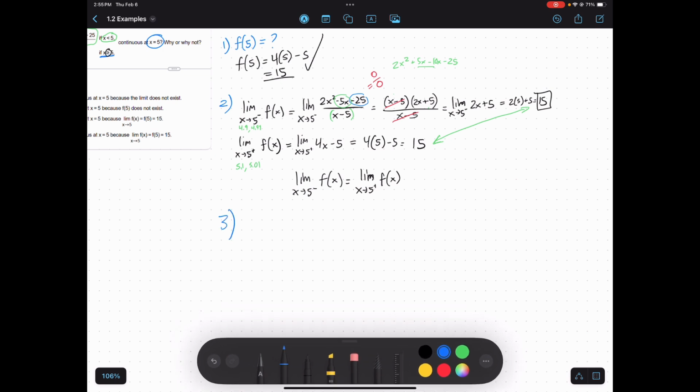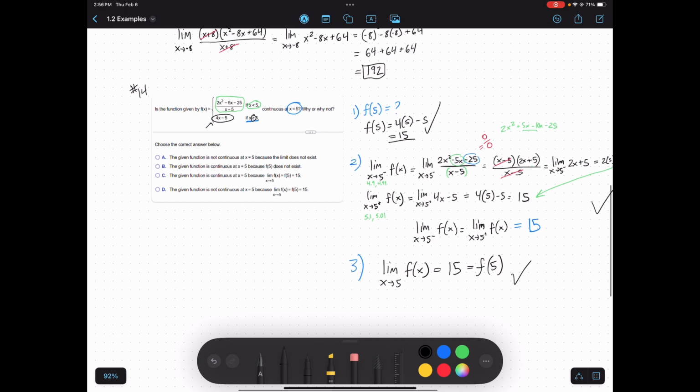We just have to make sure that the limit we just found, which was 15, matches what we got in part 1. The limit as x approaches 5, since it was the same from both directions, exists and was equal to 15, and that equaled the function value.